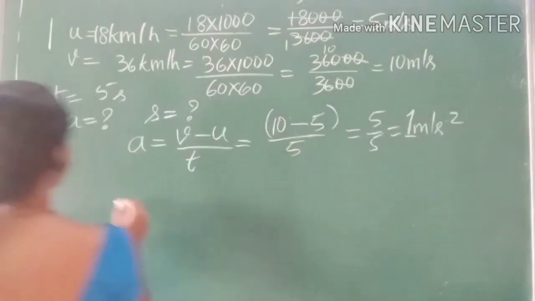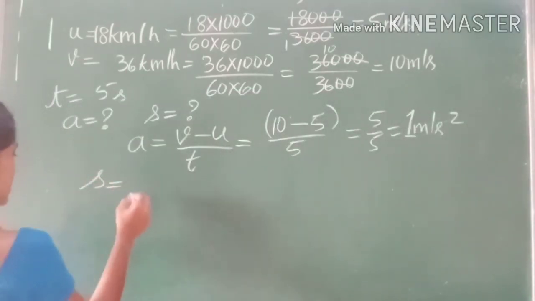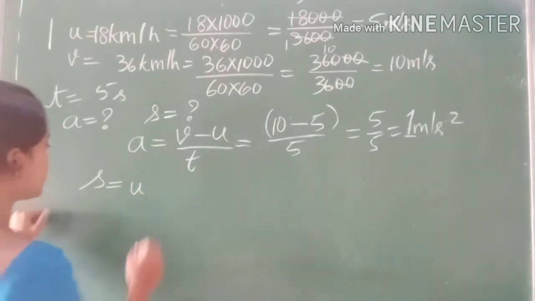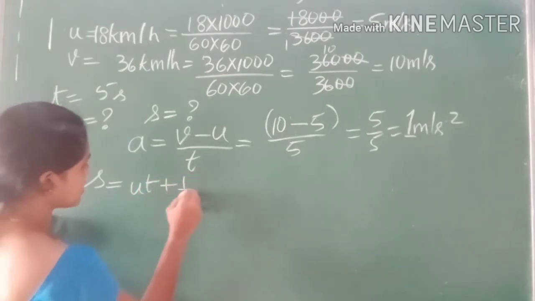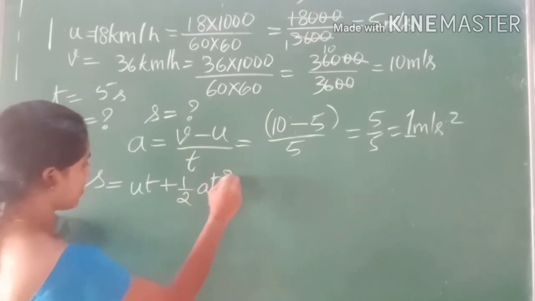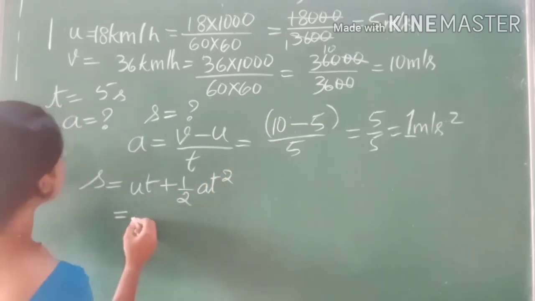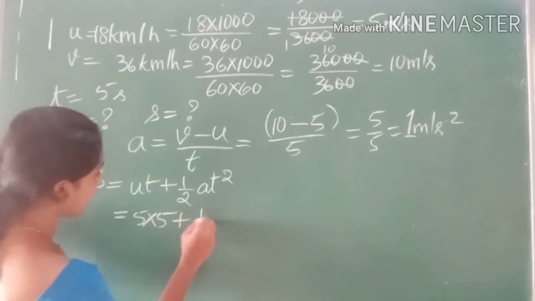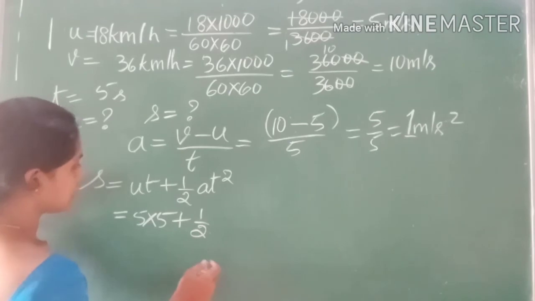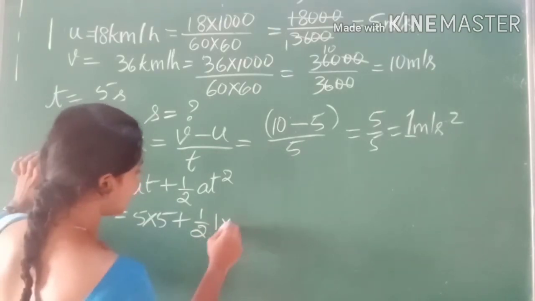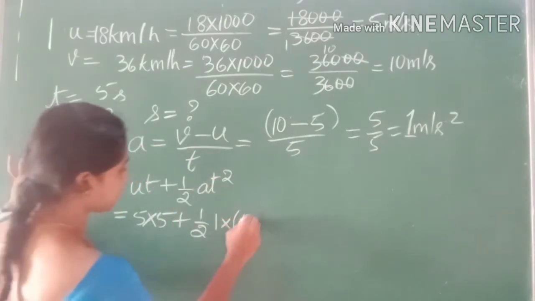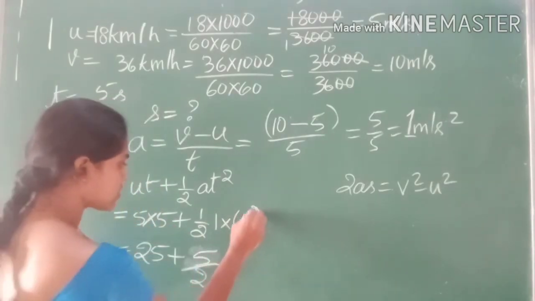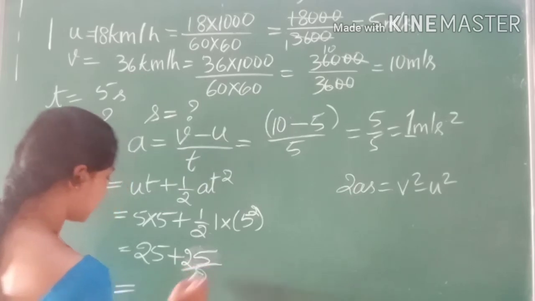Then you have to find the distance traveled. s is equal to, which formula? We'll use s is equal to ut plus half at square. So u is nothing but 5 and t is 5, plus half. a is how much? 1. t square, t is 5. 5 5s are 25. 5 square means 25, divided by 2.